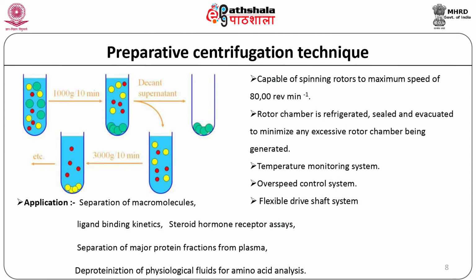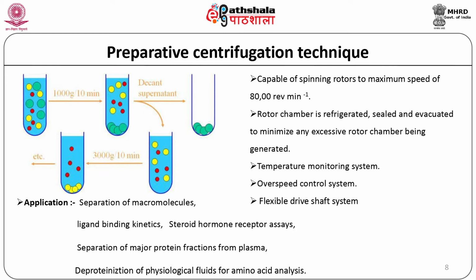Preparative centrifugation techniques. It is concerned with the actual separation, isolation and purification of various components. This is the most commonly used technique. A preparative centrifuge is capable of spinning rotors to a maximum speed of 80,000 revolutions per minute.